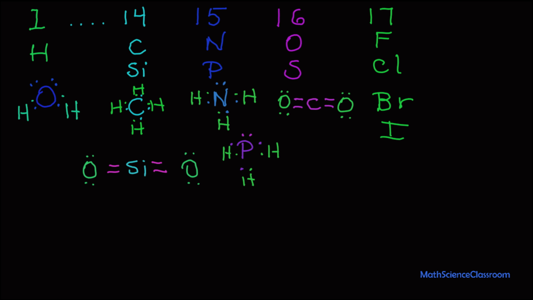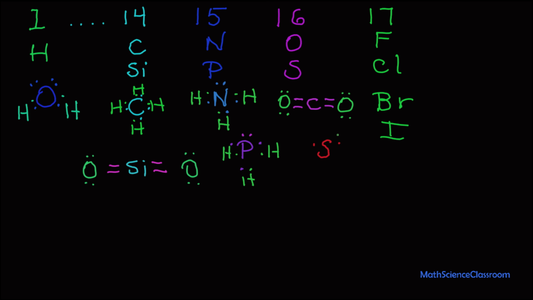So for sulfur, let's draw the Lewis structure of sulfur difluoride. So we start with the central atom of sulfur. And we have bonding electrons from sulfur.